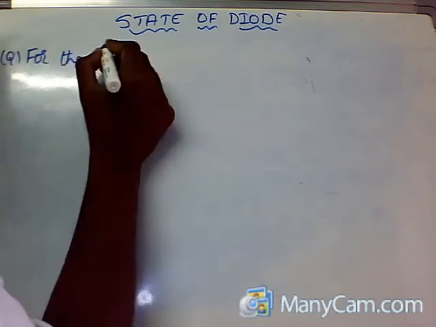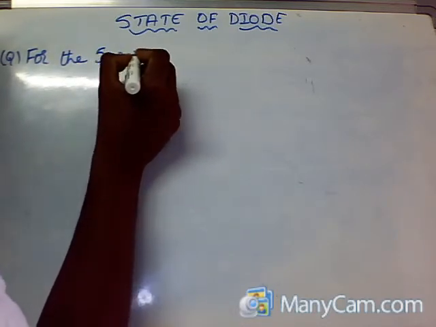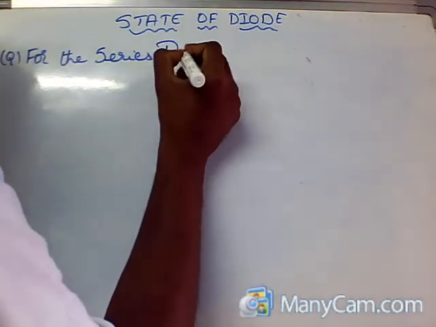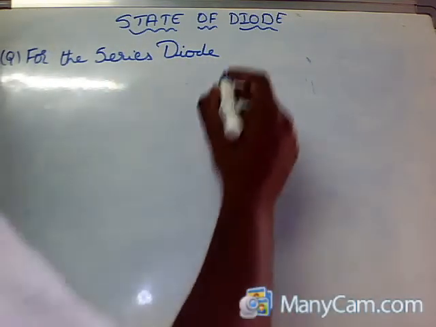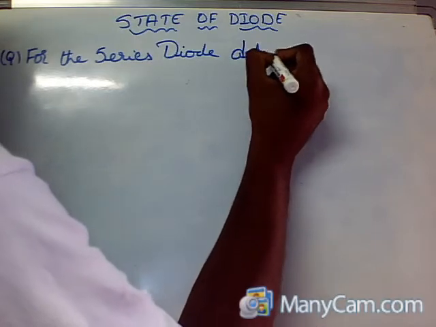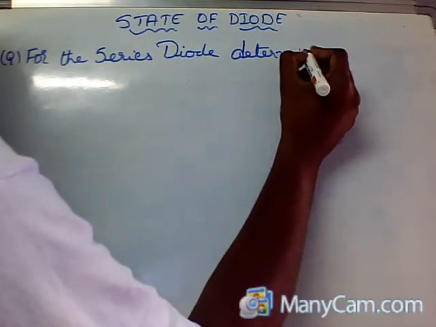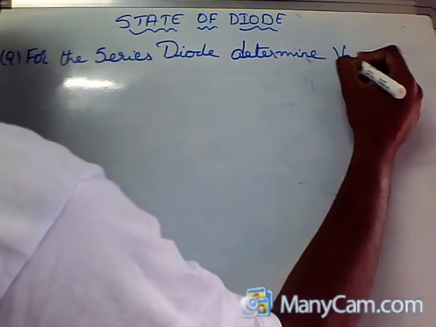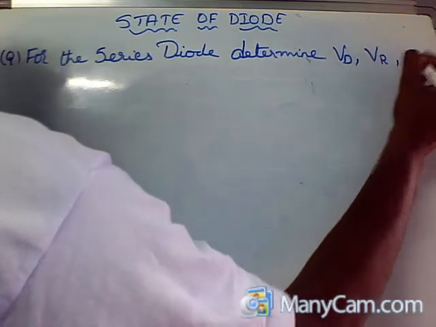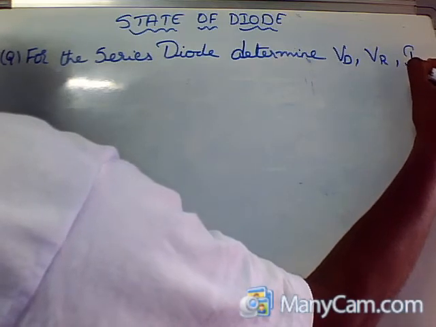For the series diode, determine VD, VR and ID.